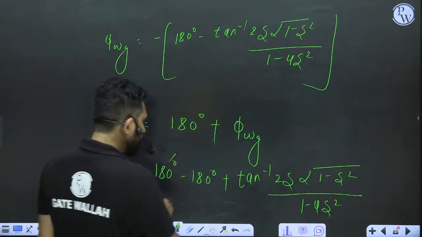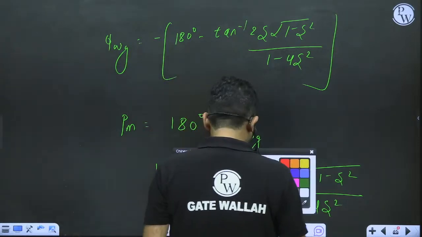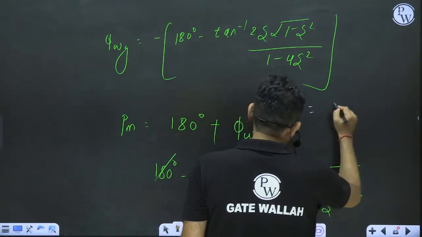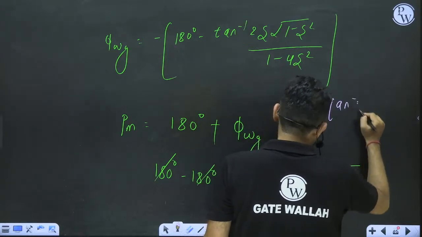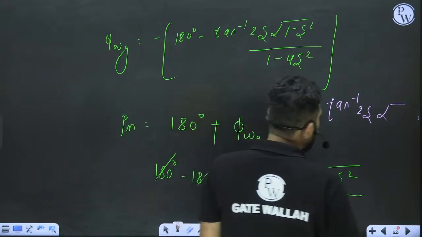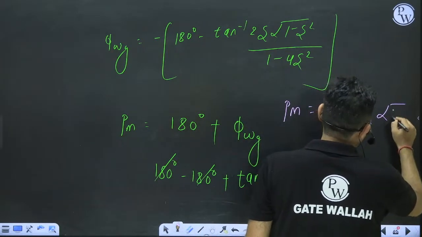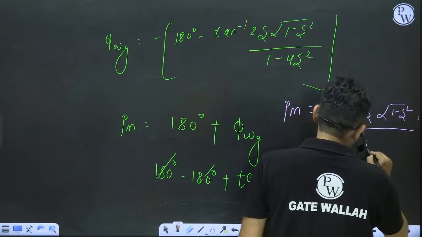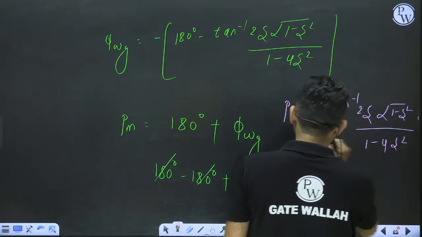So directly this cancels, and hence phase margin is tan inverse of 2 zeta root of 1 minus zeta square divided by 1 minus 4 zeta square.